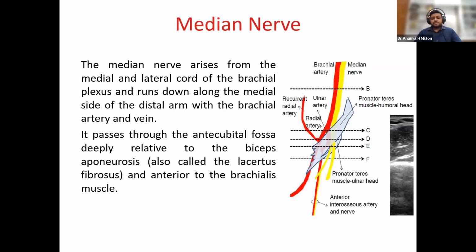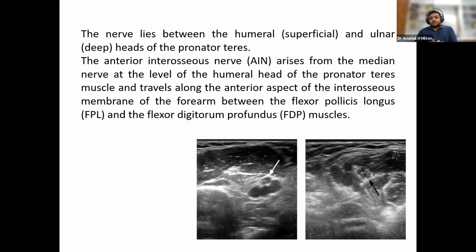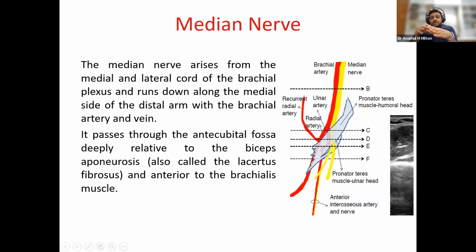Here is a very important part. When the median nerve crosses from the arm to the forearm, that is the transitional part. So here is this transitional part.